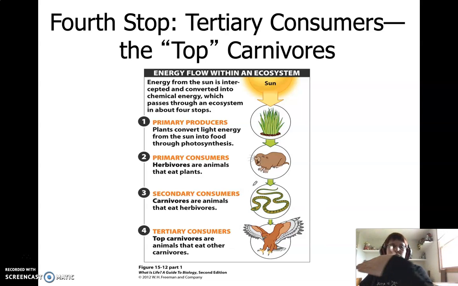It only flows one direction. All right, so that is our intro on energy. So we've got from the sun to a primary producer like a plant like grass. Then that energy gets passed to our herbivore, then to our carnivore, then to our top carnivore.